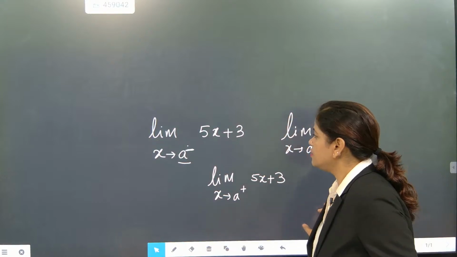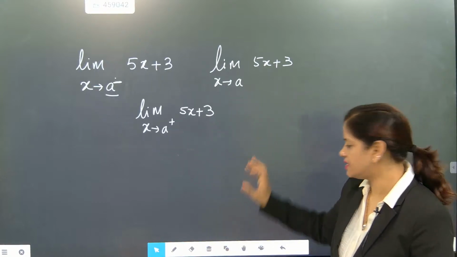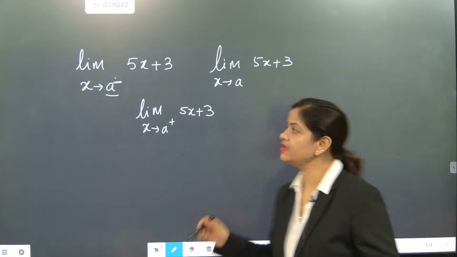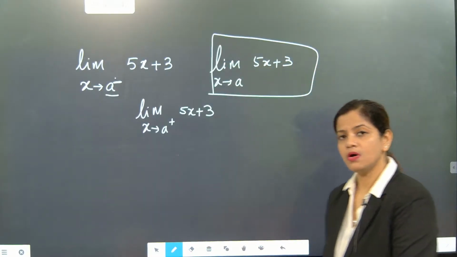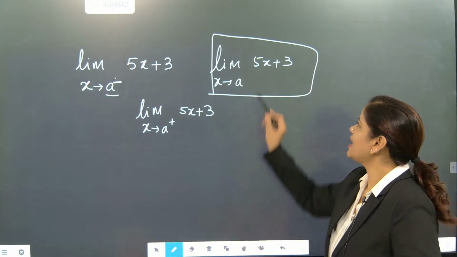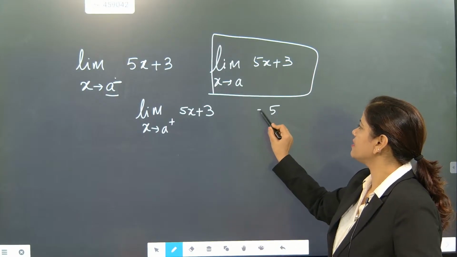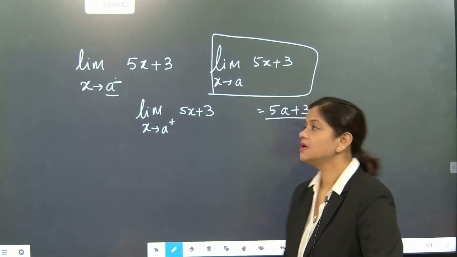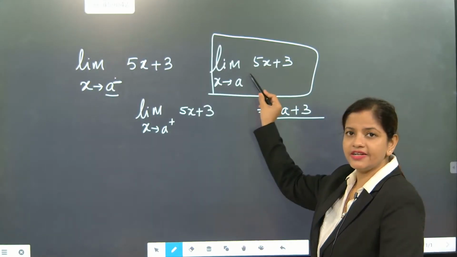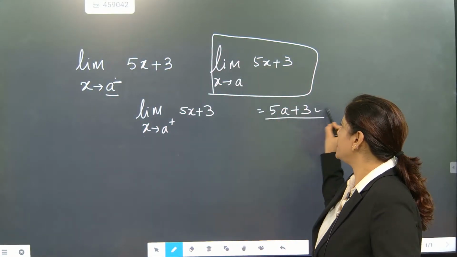Understand this. The rule of mathematics says that when x tends to a, directly you implement a, and the answer is this. That's it. Here, no left side, right side. So we just implemented a here.